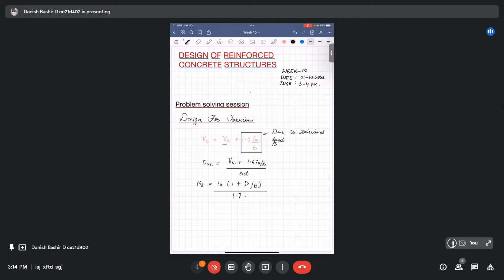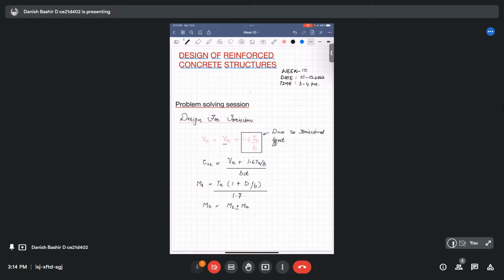Actually, it has four modes: mode 1, mode 2, mode 3, mode 4. Depending on the mode, this torsional moment can either add up to the already existing moment, or be subtracted from it. For that, you have to consider both the cases, so that the M equivalent will be Mt plus minus Mu. You have to consider it like that.